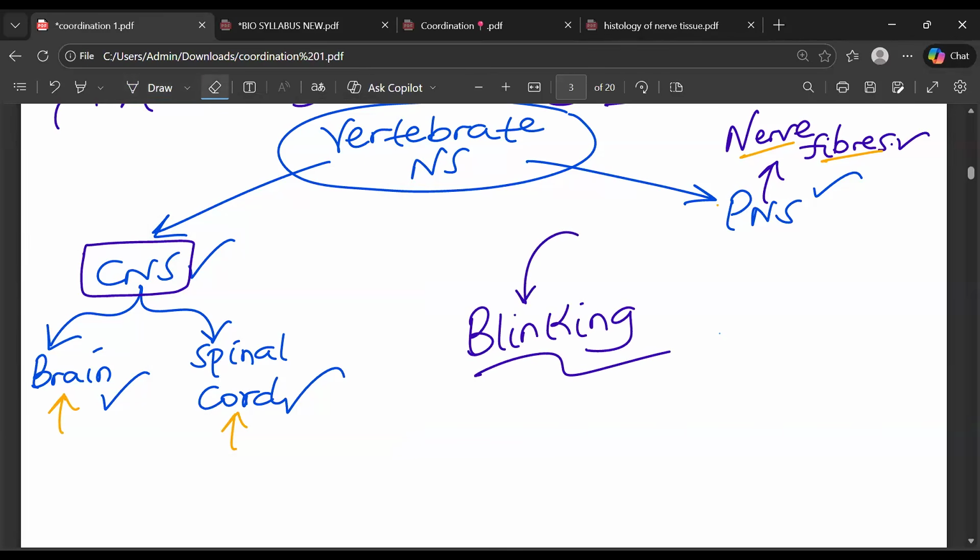Maybe the blinking muscles, but you learn them when you reach certain parts. Now, at medical school, you study what they call the anatomy of the head and neck. So as you're studying the anatomy of the head, you go organ per organ. So when you reach the eye, you look at its actions and you see the muscle response of everything.